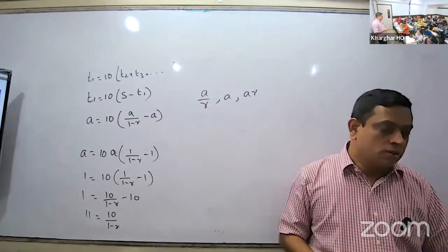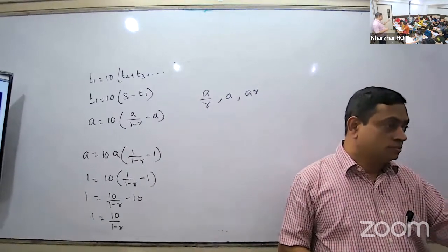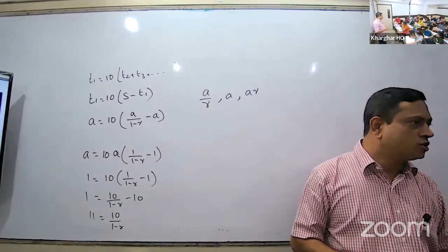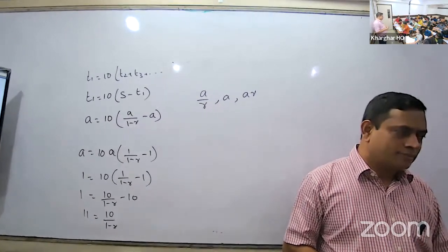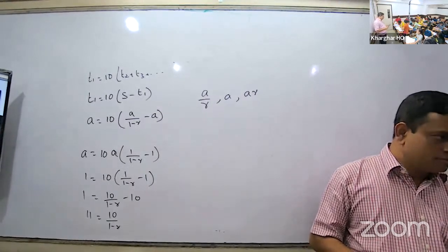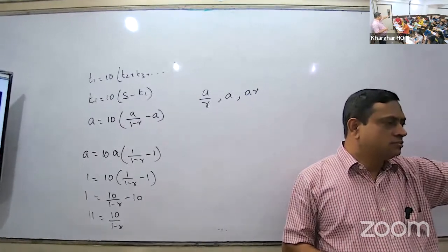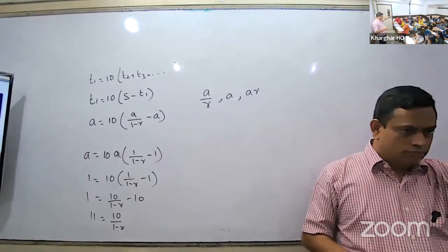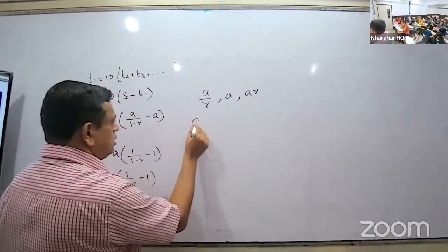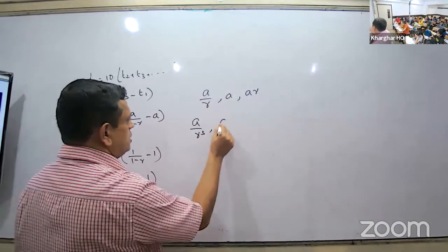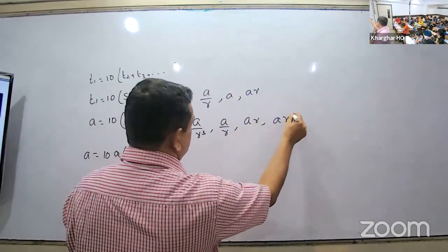Okay, next, 4 terms of GP. Four numbers in GP are A upon R cube, A upon R, AR, AR cube.